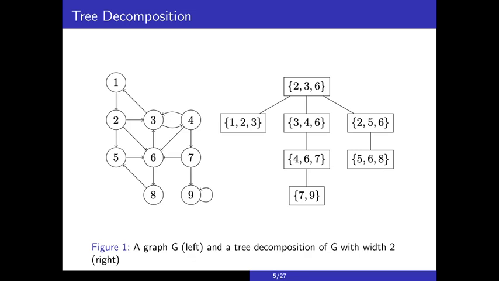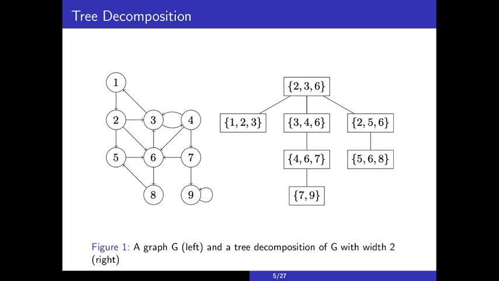To give a bit more intuition, we can see an example of another desirable feature of the tree decompositions. For example, if we remove a bag and all its vertices from a tree decomposition, and also remove those vertices from the initial graph, the produced connected components in the initial graph correspond to the produced connected components within the tree decomposition.